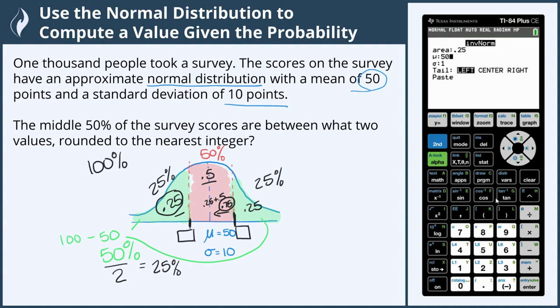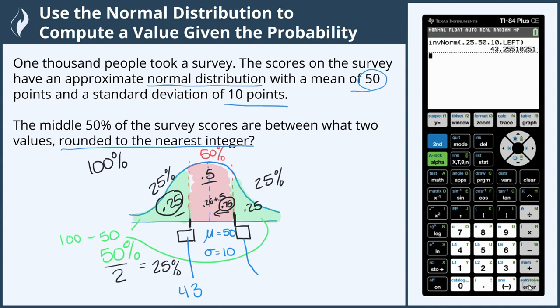And then we were given a standard deviation of 10 points. Then we arrow down, keeping it on left because we did everything to the left. We'll paste it into the home screen and press enter. We'll run it. And that gives us our value for our first part, which rounded to the nearest integer is 43. Now we do it again for the second value over here.